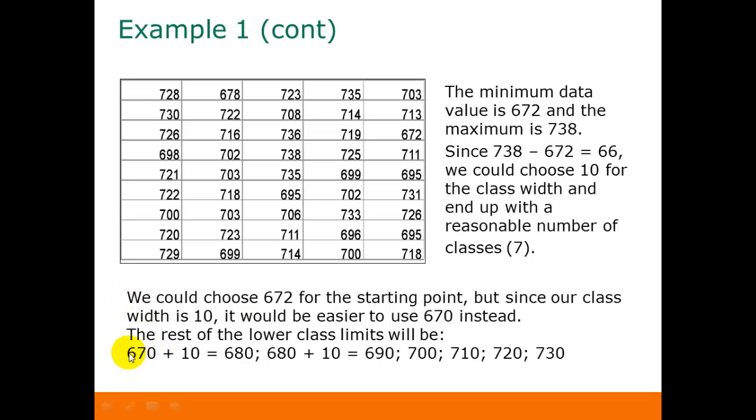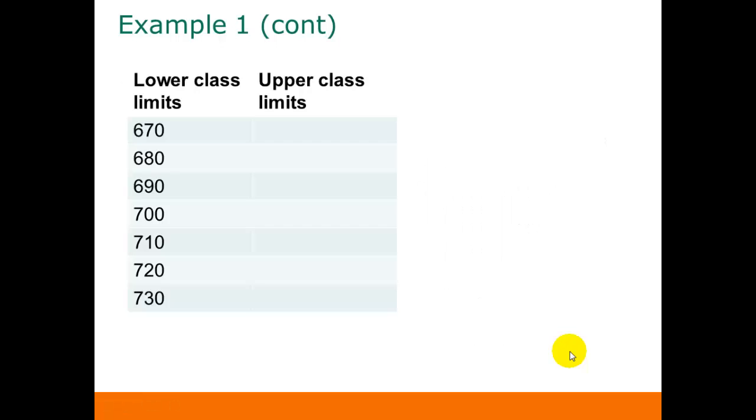So we start with the 670, add 10, so our next lower class limit is 680. Our next lower class limit after that would be 690, and then 700, 710, 720, and 730. So here are all of our lower class limits.